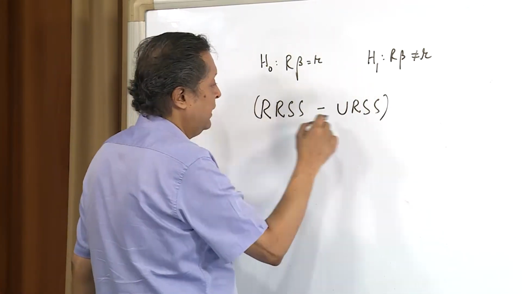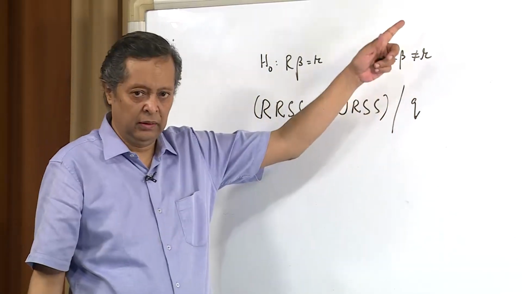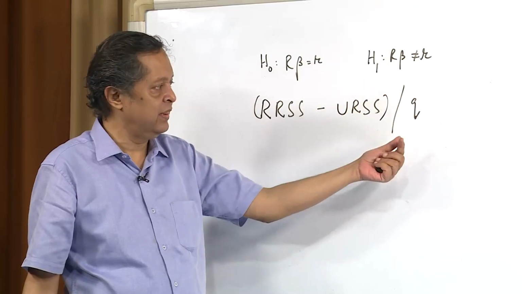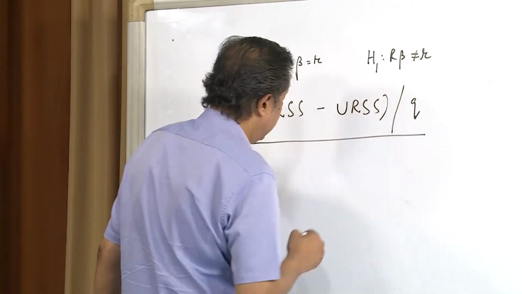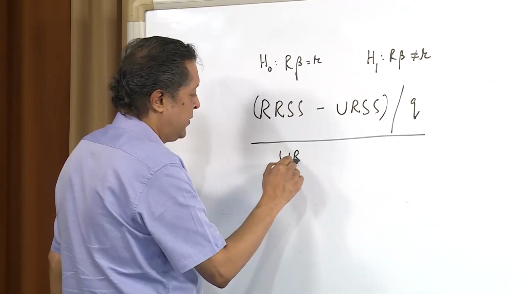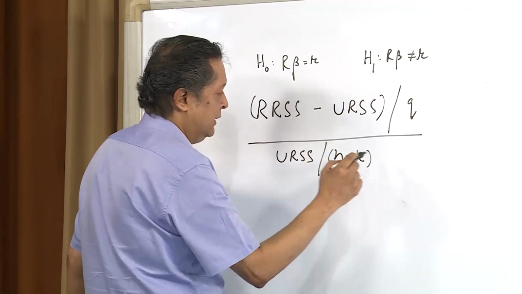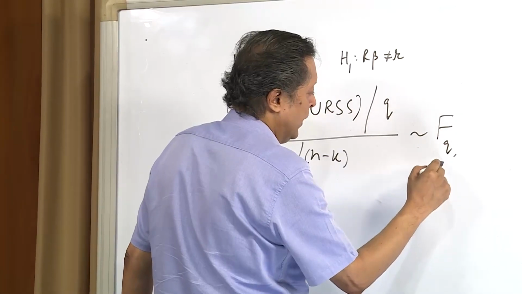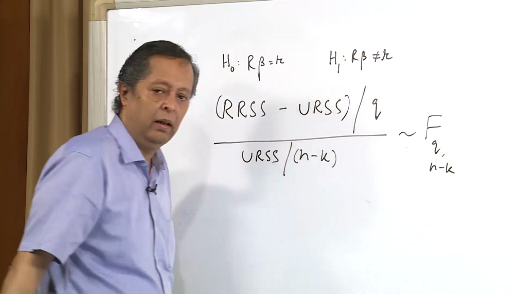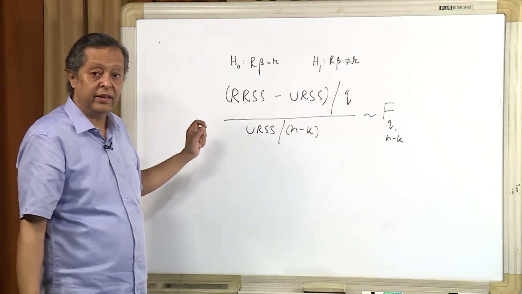You divide this by number of restrictions Q. That means if r is a column vector with Q elements, then Q is the number of restrictions, and divide this whole thing by unrestricted residual sum of squares by n minus k. That follows F with Q and n minus k. So, that is the general format of carrying out tests of linear restrictions.